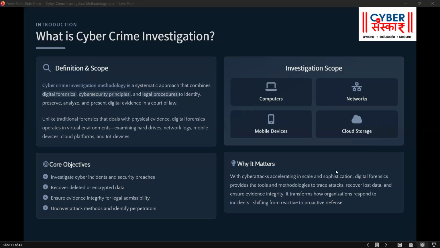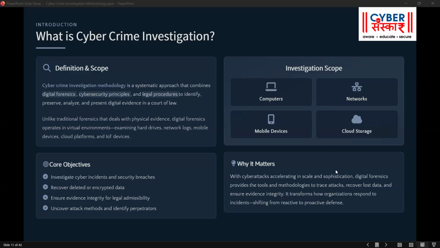And the steps are the same. It is a systematic approach that combines digital forensics, cyber security principles, and legal procedures to identify, preserve, analyze, and present digital evidence in a court of law.